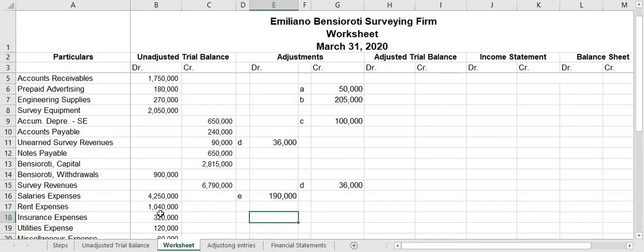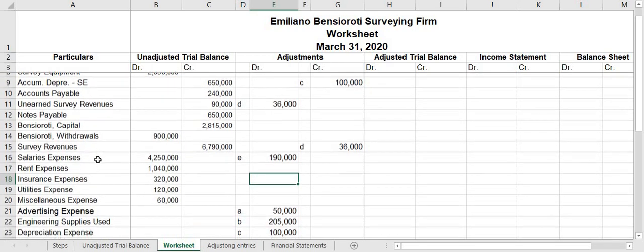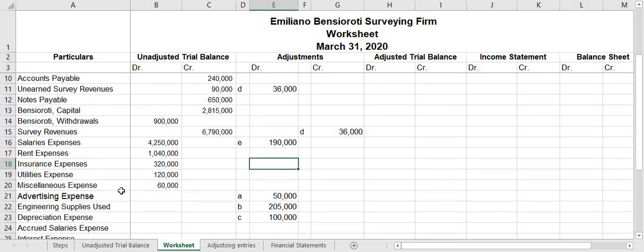Again, hanapin natin dito kung merong accrued salaries expense ba na account. So, wala. Kaya, mag-add tayo ng another account which is accrued salaries expense. Remember, naka-credit siya. Kaya, credit din natin dito si 190,000 na accrued salaries expense.